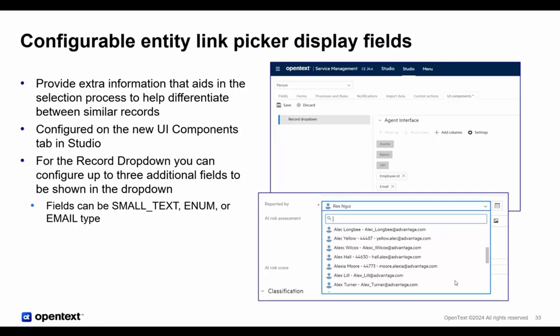Whatever information you have in a record type that is useful in identifying it uniquely, you can go ahead and add as part of this configuration, and then it will show up in the dropdowns on the agent side only at this point. In terms of the field types that we support, currently we're supporting small text, enum, and email type fields as ones that can be shown in the dropdown.